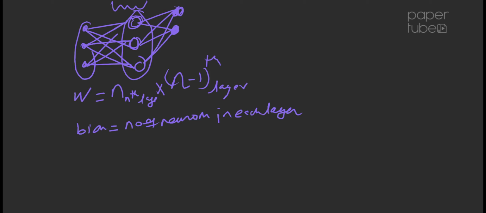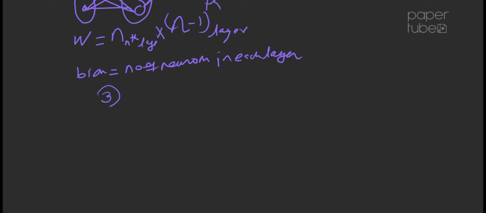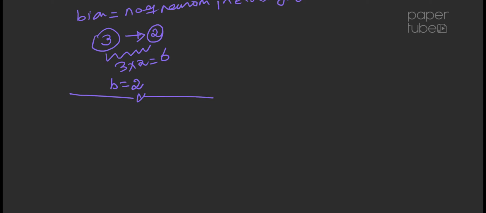So if your first layer contains 3 neurons and the second hidden layer contains 2 neurons, the total weights will be equal to 3 multiplied by 2, that is 6, and the number of biases involved in the second layer will be equal to the number of neurons, that is 2. So that should be enough for the moment.